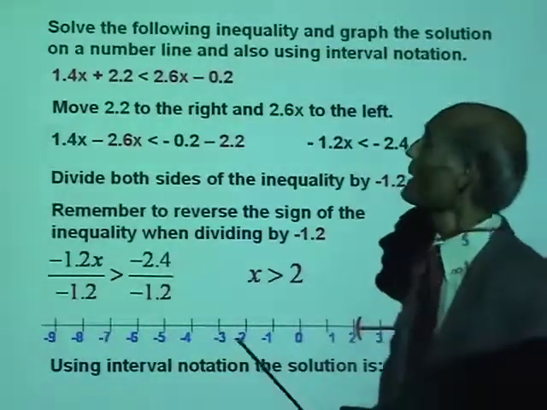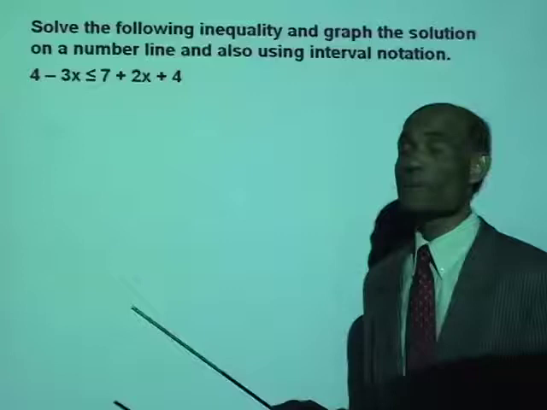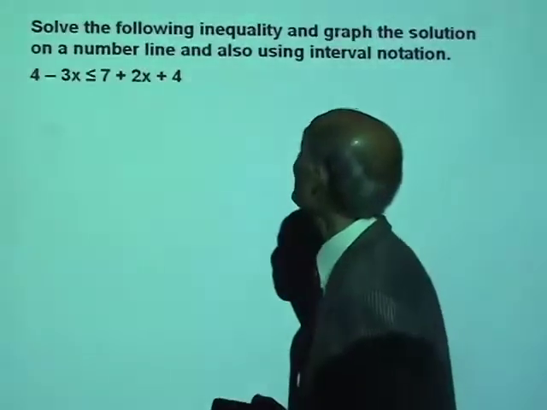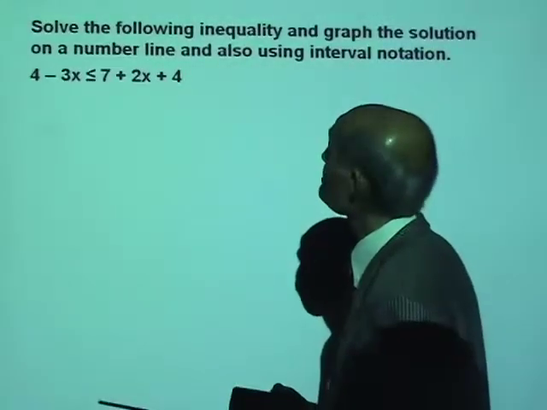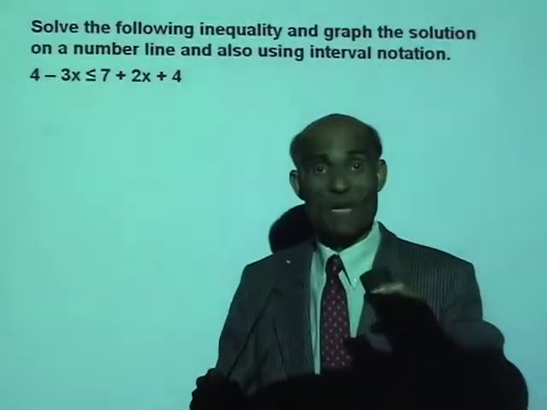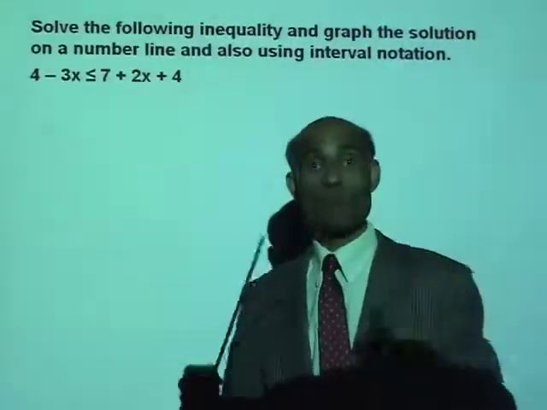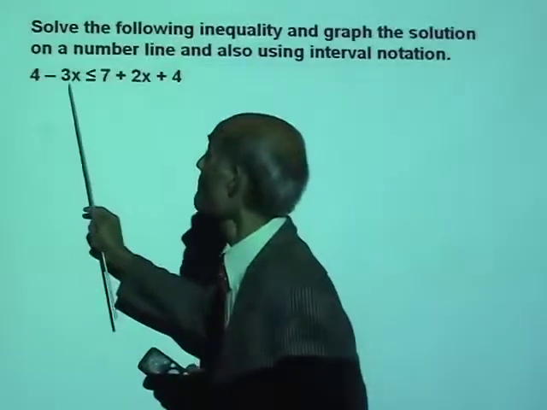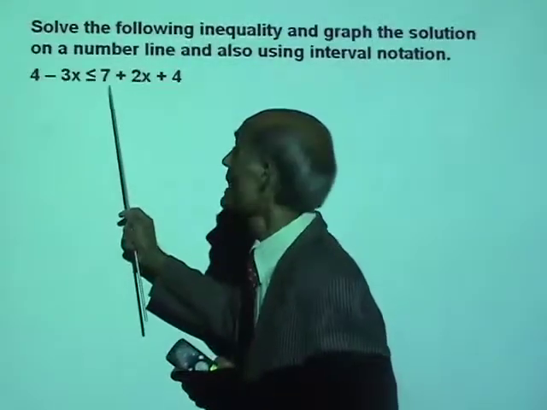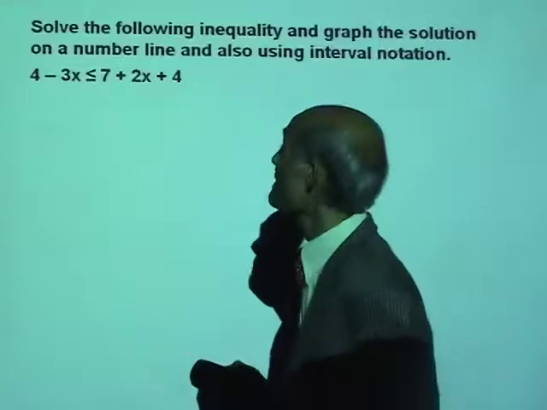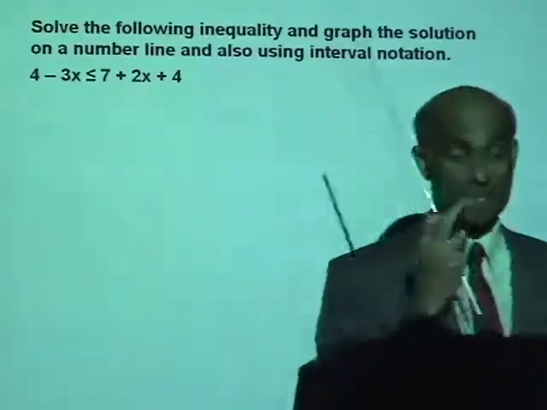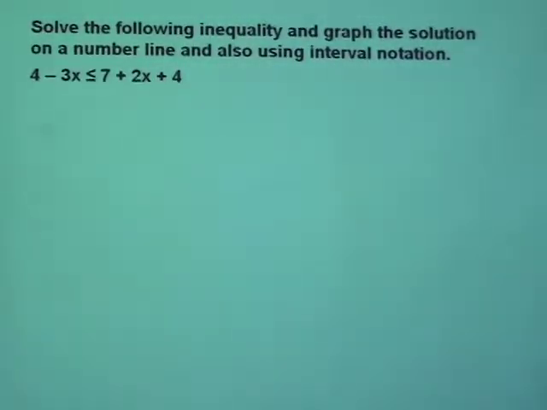Okay. Another one. Solve the inequality and represent the solution on the number line, and also as an interval. You must learn both. 4 minus 3x less than or equal to 7 plus 2x plus 4.